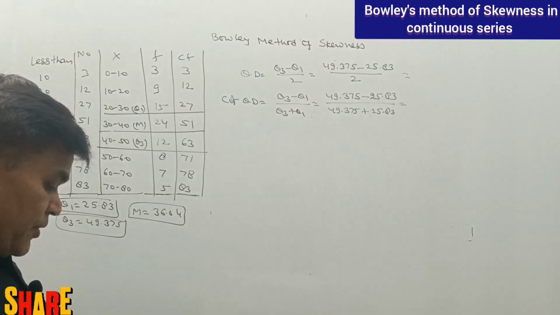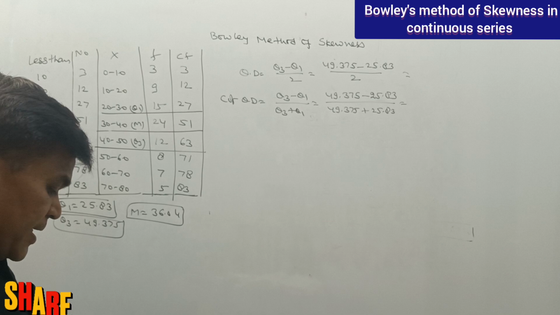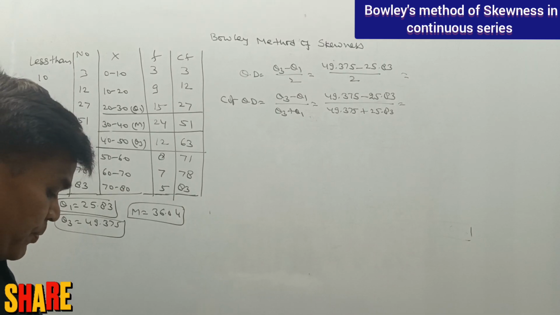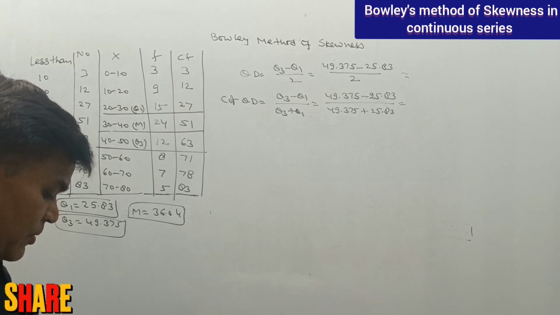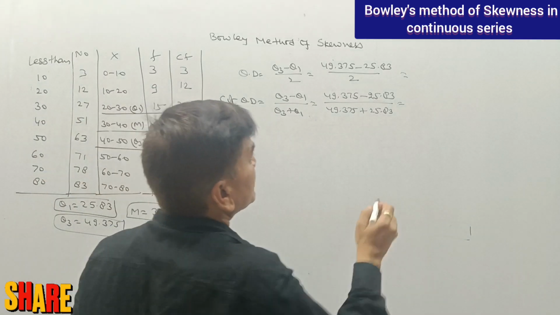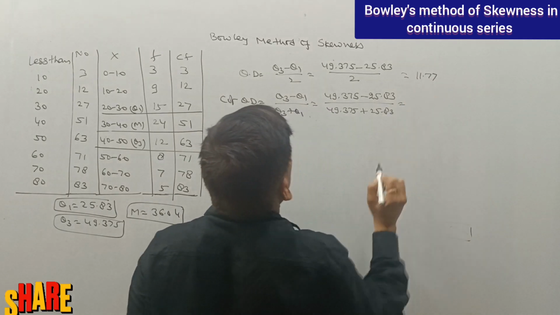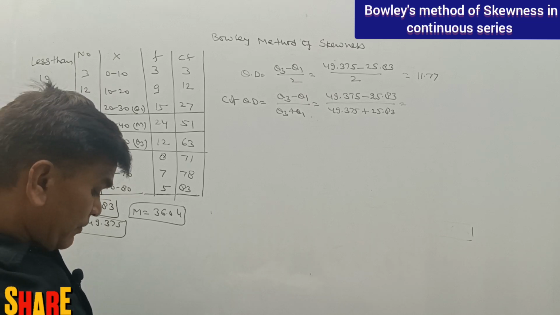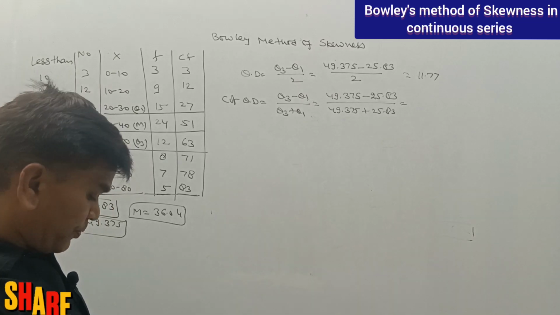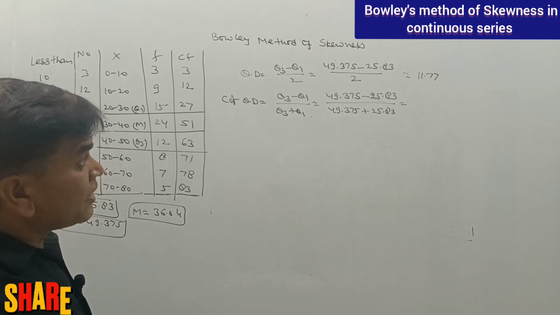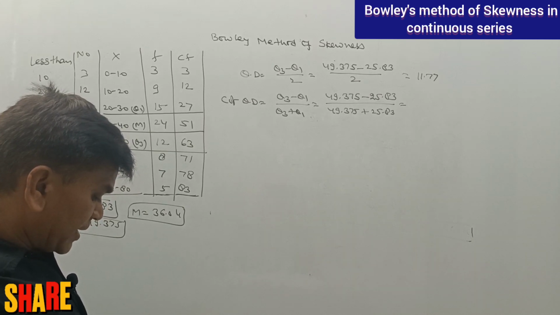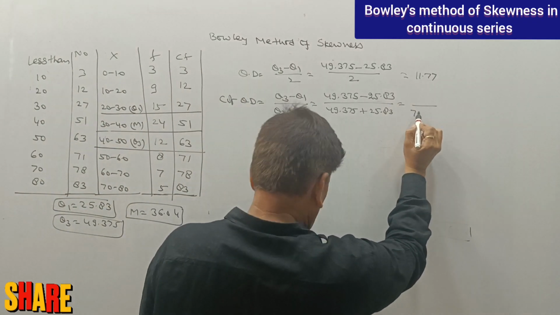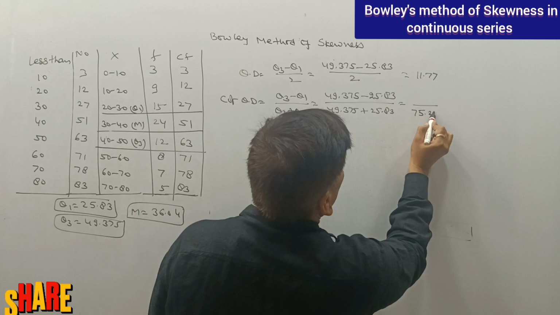The very first, 49.375 minus 25.83, divided by 2, that is 11.77. The value of quartile deviation is 11.77. Next one, 49.375 plus 25.83 is 75.205.